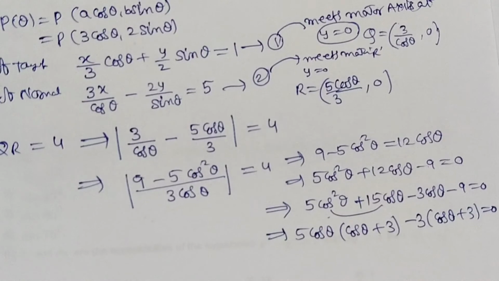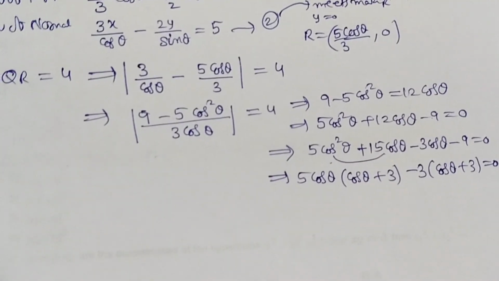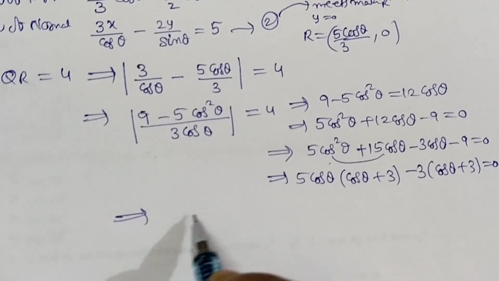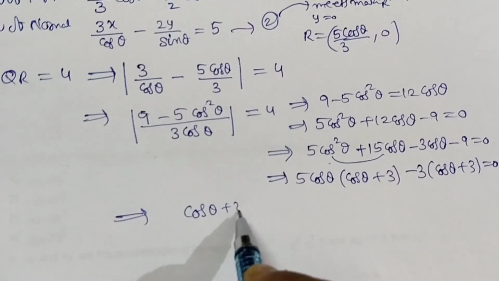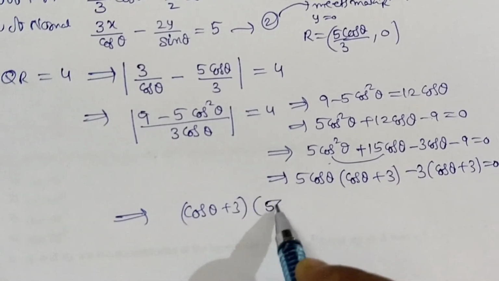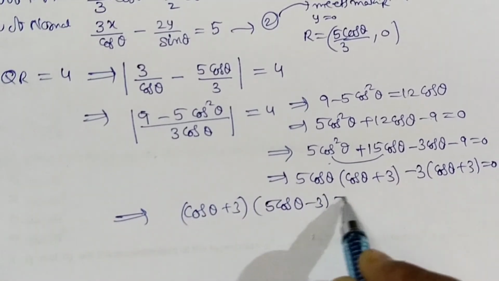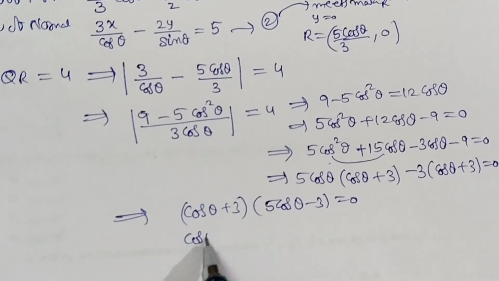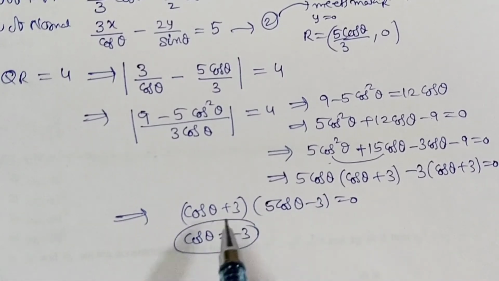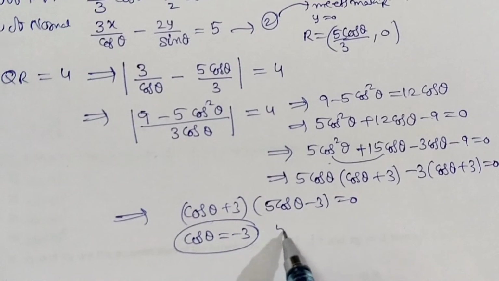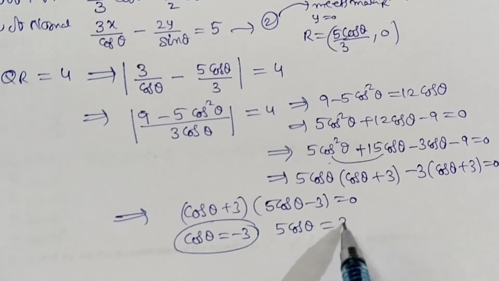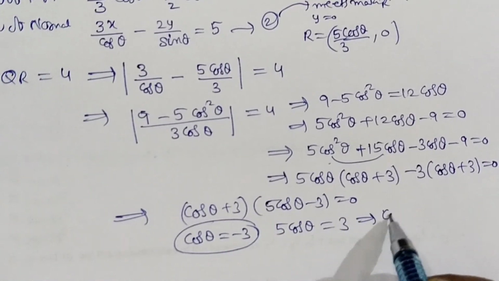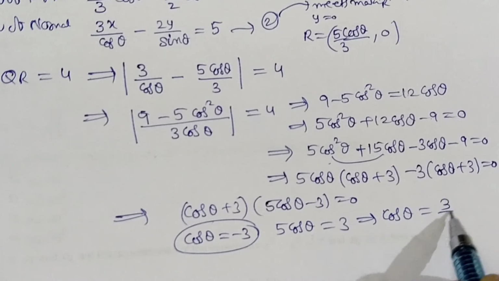So now, cos theta plus 3 into 5 cos theta minus 3 equal to 0. Cos theta equal to minus 3 is not acceptable. So 5 cos theta equal to 3, that implies cos theta equal to 3 by 5.